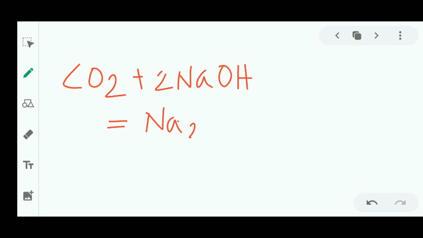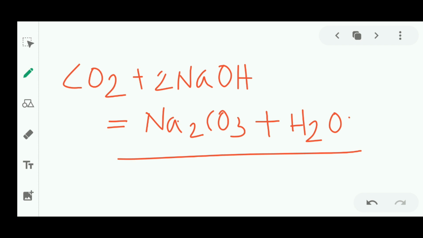So CO2 reacts with NaOH to form a salt of sodium, that is Na2CO3, sodium carbonate, and H2O. So these are the reactions like that. SO2 also reacts with NaOH, P2O5 also reacts with NaOH.